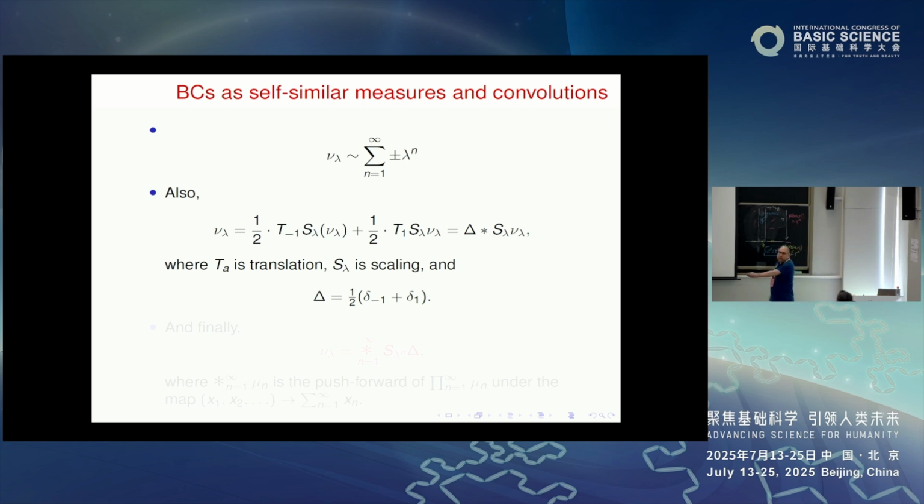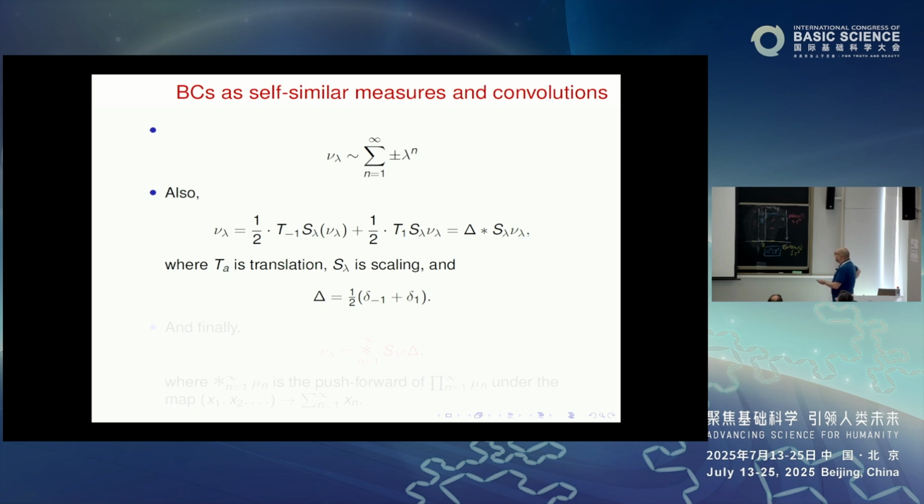It just means translating the measure by A. So just by definition, we translate by -1, we translate by 1, and then we give weight 1/2. So what we are doing here is just convolving the scaled-down copy of μ_λ by λ with this fixed measure, which doesn't involve λ. It's just this measure supported on the atoms -1 and 1 with equal weights.